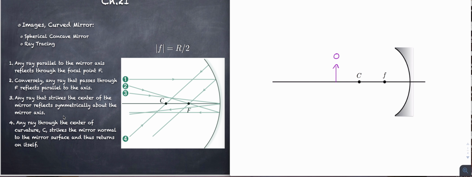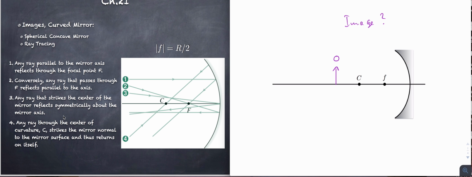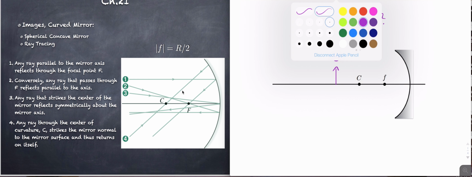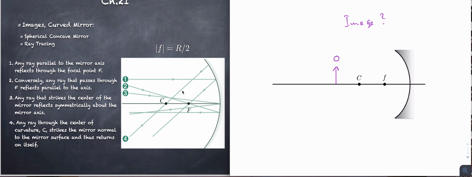But anyway, the question is I want to know about the image that is being formed by this object. To answer that, we're going to use ray tracing and the rules. The first rule I want to apply, always a good one, says that parallel light striking the mirror has to go through the focal point. Let me switch colors and use green to depict the light.